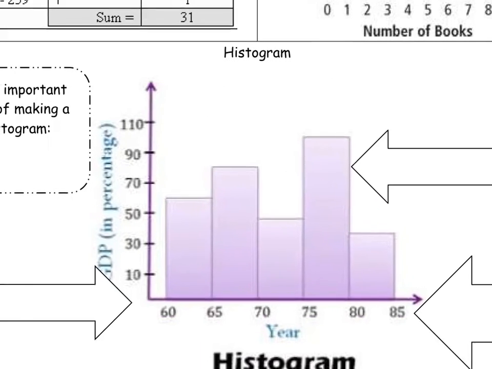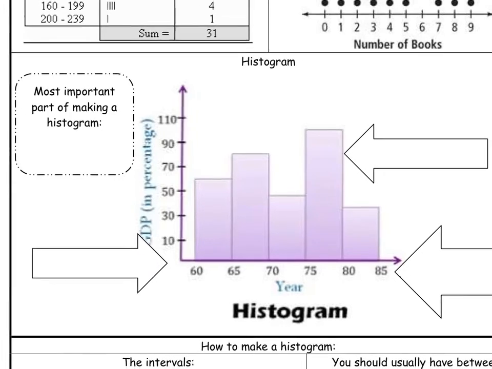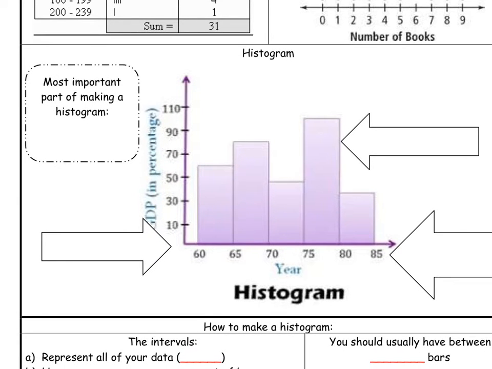Now we're going to take a look at a histogram, and a histogram is similar to a bar graph, except that in a histogram the bars touch. By having the bars touch, this allows us to have intervals, and that is the most important part of making a histogram, is to have intervals on our x-axis.